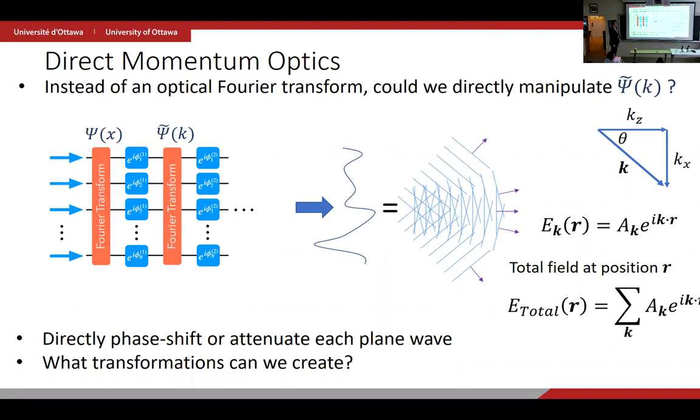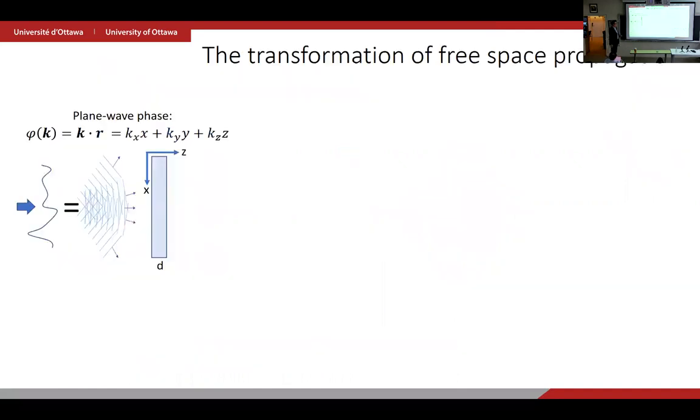Okay, and then we said, well, what would be the simplest target for a transformation that we could do? From my days learning about Fourier optics, probably the easiest thing we could aim for was just the transformation that free space propagation implements. Because as you travel through free space at an angle, you pick up phase, and that's it. You don't get attenuation. Sounds really easy.